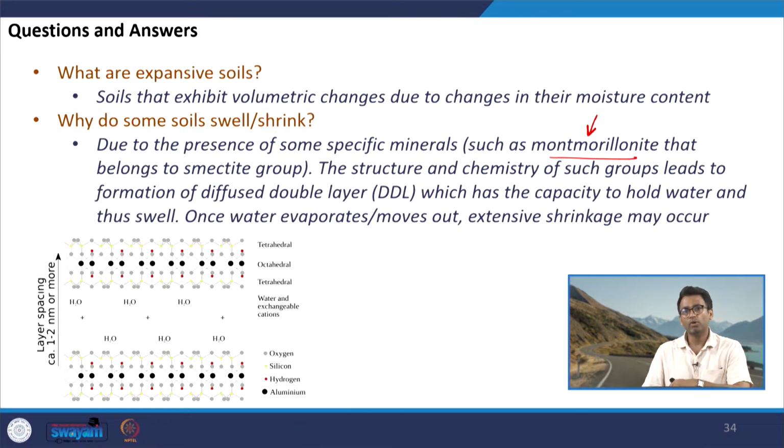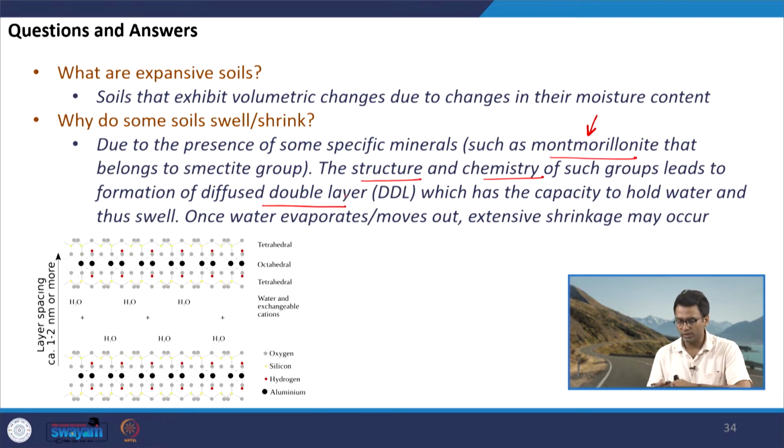If this mineral is present in excess in the soil which we are dealing with, then the swelling and shrinkage potential of the soil will be very high. And why does this happen? This happens because of the typical structure and chemistry of these mineral groups, which leads to the formation of a diffused double layer.